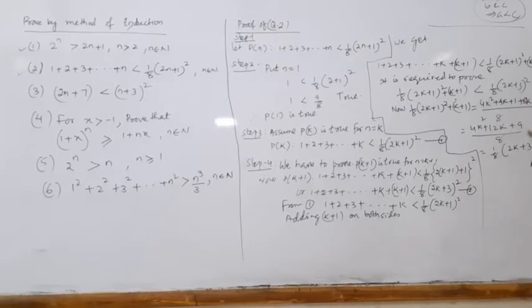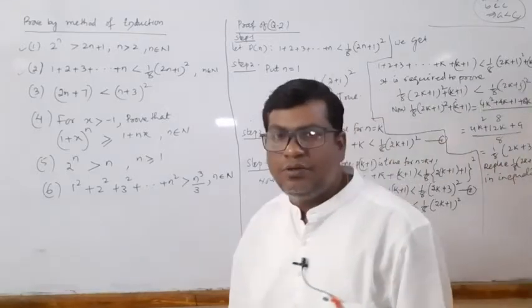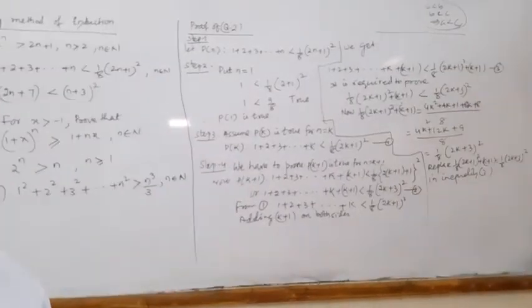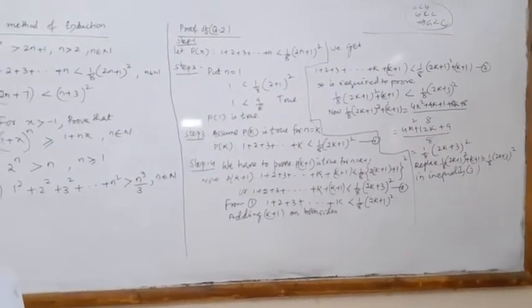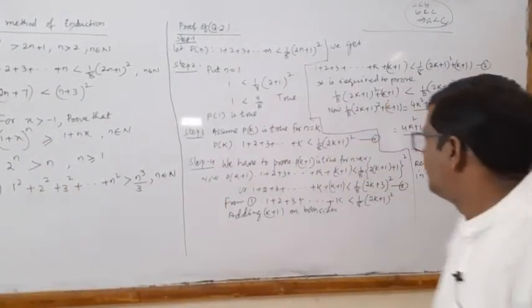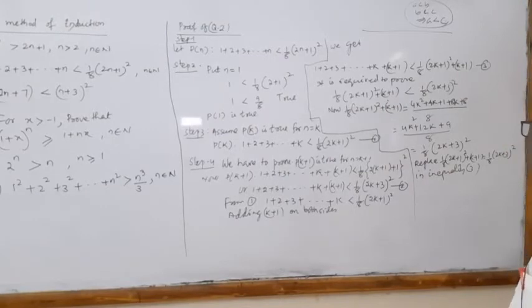Now replace 1 by 8 (2k plus 1) whole square plus k plus 1 with 1 by 8 (2k plus 3) whole square in inequality 3.